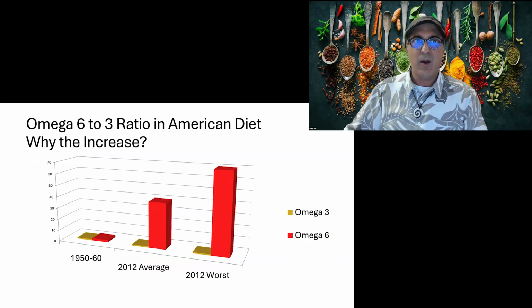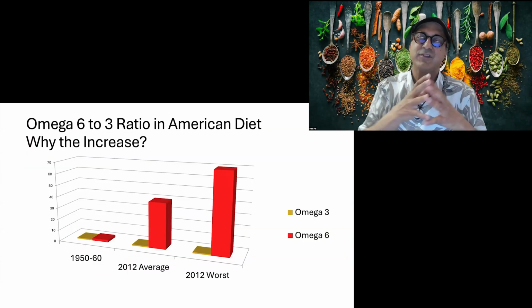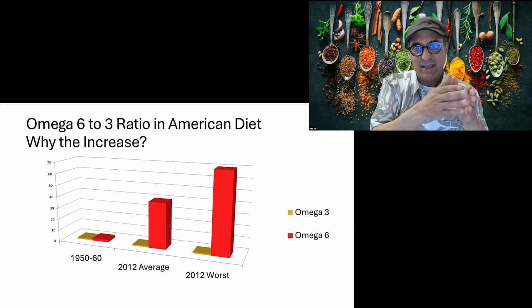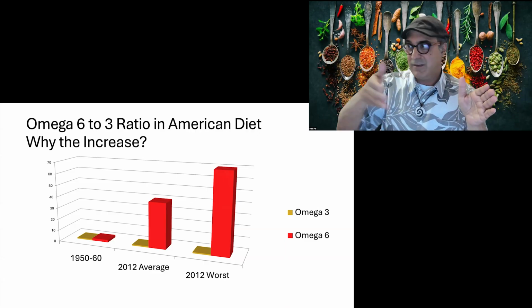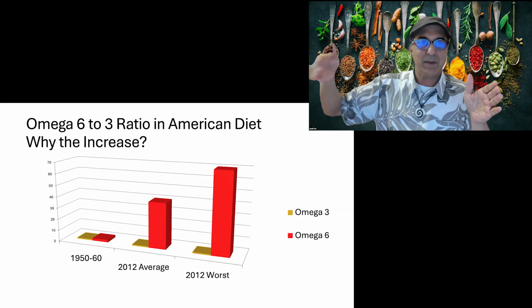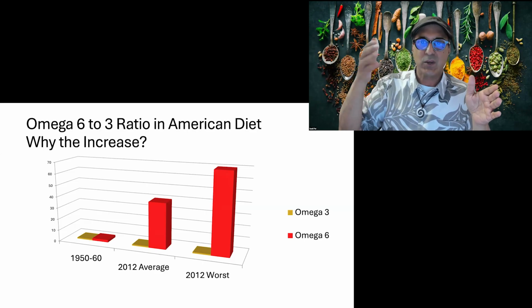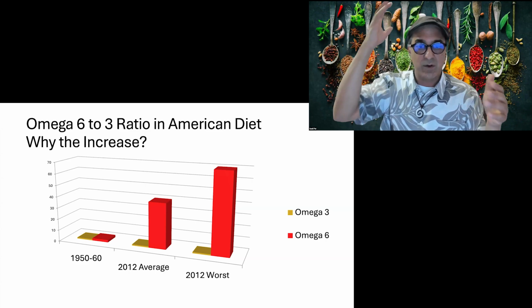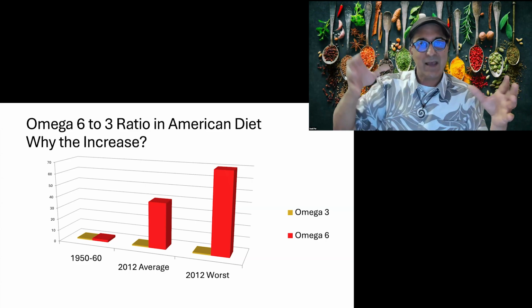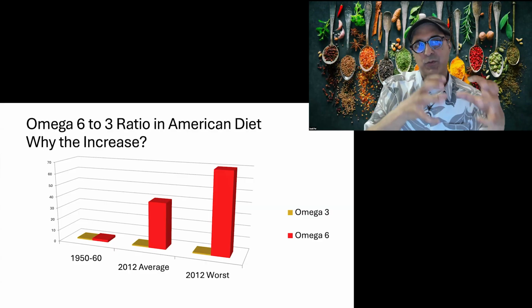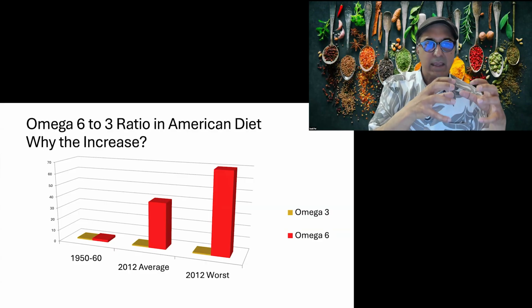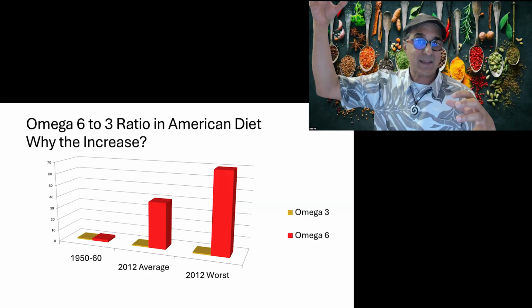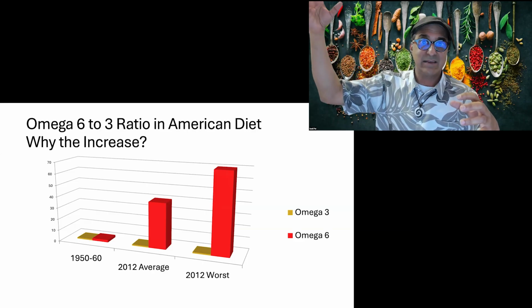Now, why are people eating so much omega-6s? My book covers this in detail, because I covered the generational changes happening every 10, 15 years, where we're increasing more and more omega-6s. In 2012, it was one of the worst. But right now, for every omega-3 that an American consumes, we're consuming 20 times more omega-6s.